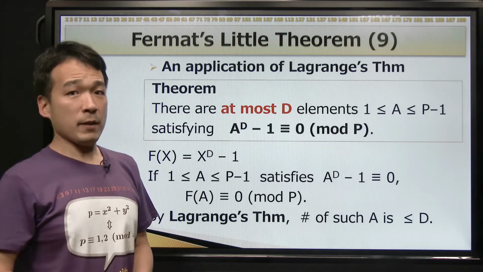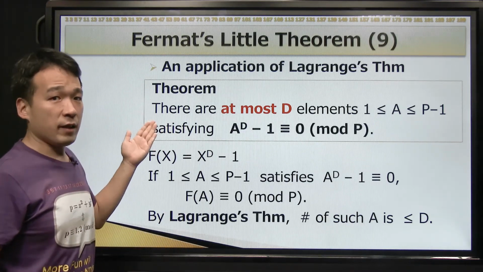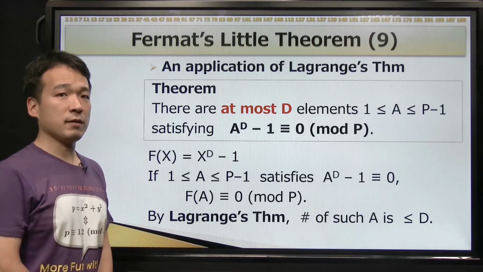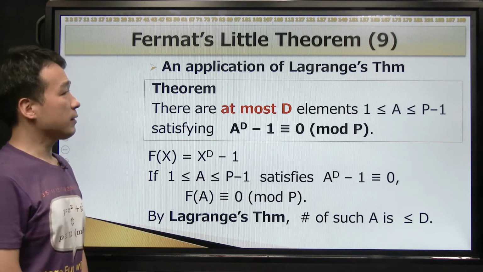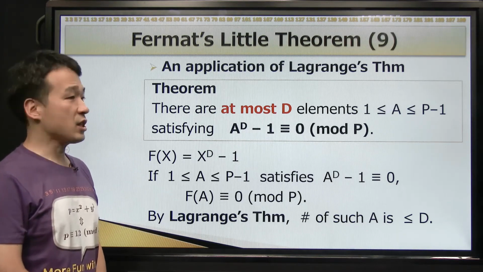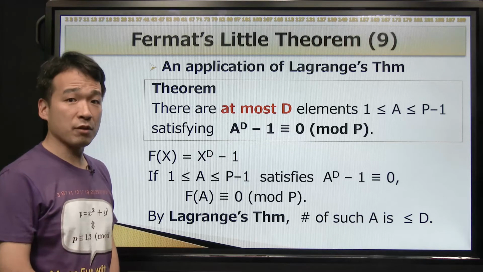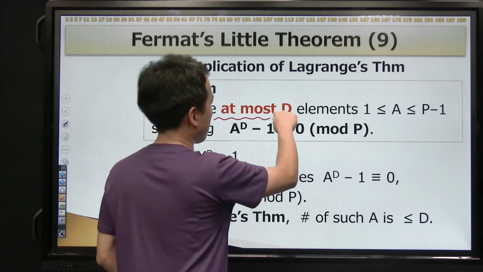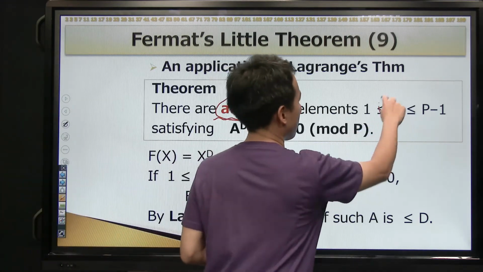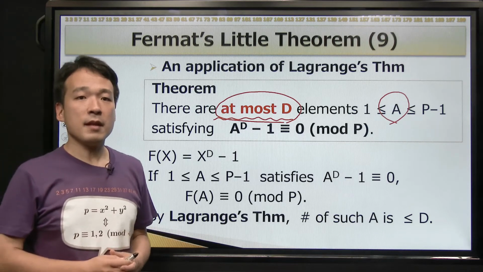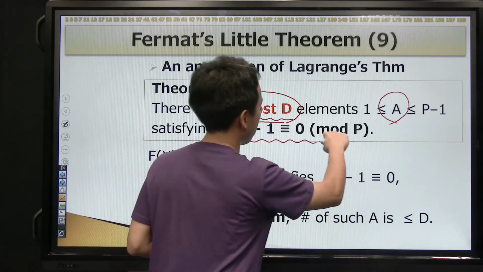Finally, let me give an application of Lagrange's theorem. The following theorem will be very important when we study modular arithmetic in more detail in the next week. Fix a prime number p and a positive integer d. Then there are at most d elements a such that a to the d minus 1 is congruent to 0 modulo p.